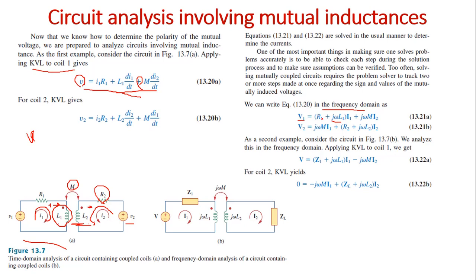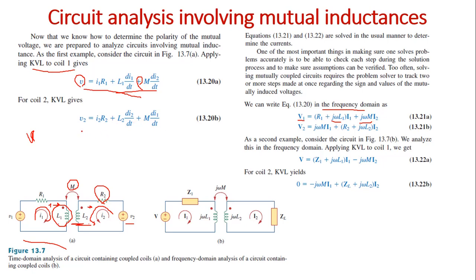So V1 is equal to R1 plus j omega L1 into I1, since the current I1 is common to these two, plus j omega M into I2. Similar to self-inductance, mutual inductance in the frequency domain is represented as j omega M.